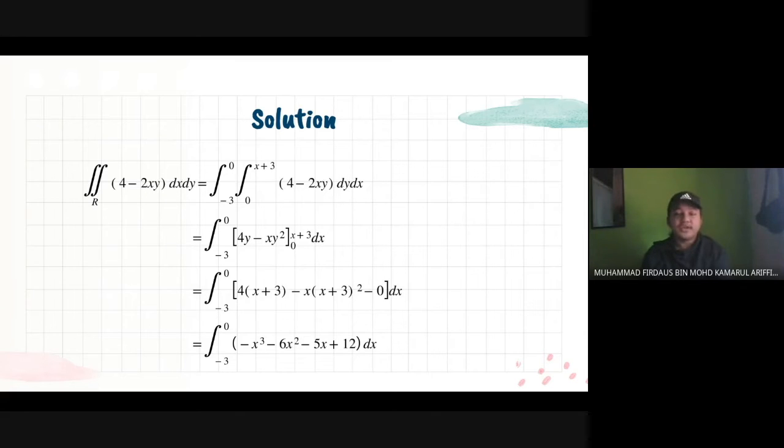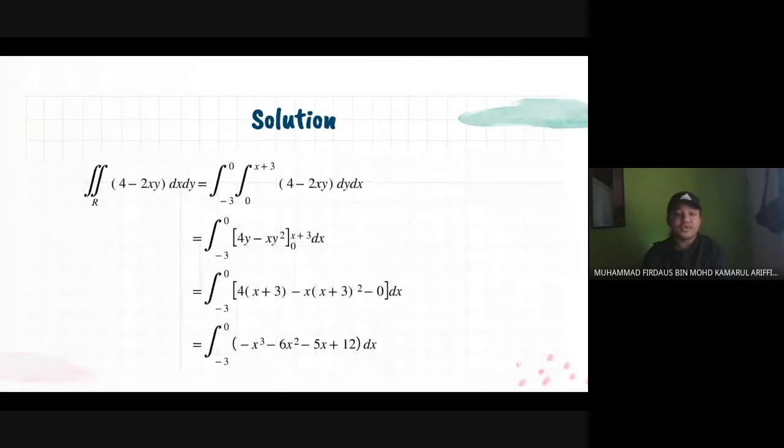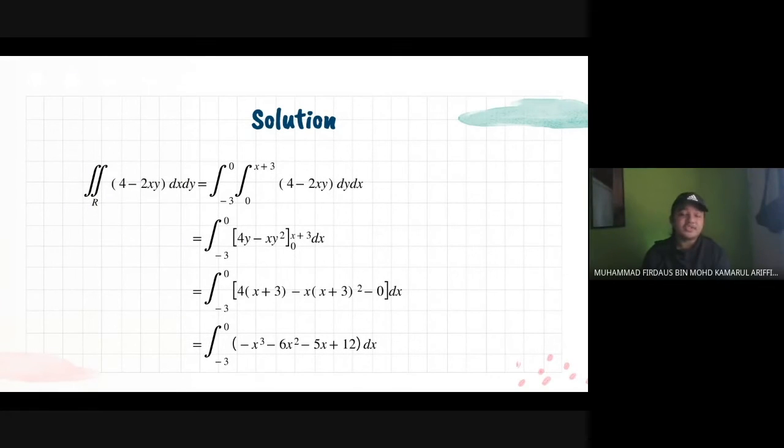We integrate the equation, and then we got 4y minus xy squared, evaluated from 0 to x plus 3. So we substitute the value of y, which is x plus 3. We got 4(x plus 3) minus x(x plus 3) squared minus 0.